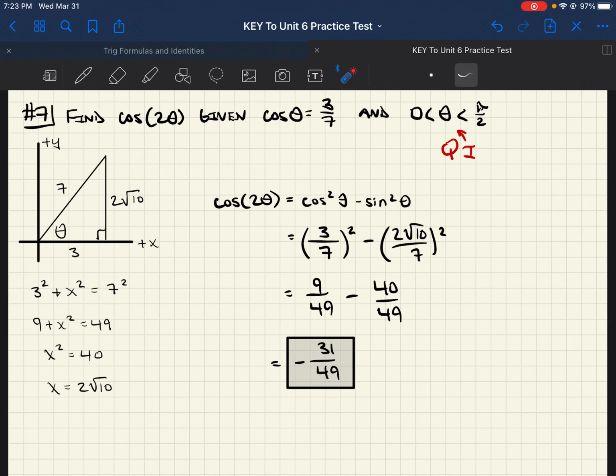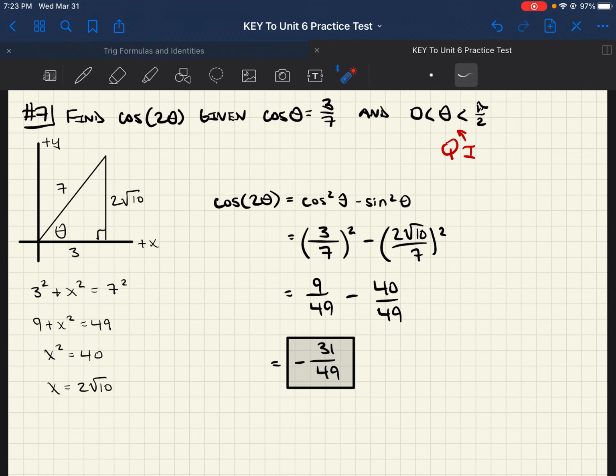So cosine of theta, adjacent over hypotenuse, is 3/7. Make sure you square it. Sine of theta, opposite over hypotenuse, is 2 root 10 over 7. Again, make sure you square it. 3/7 squared, remember that when you're squaring a fraction, you square the numerator and the denominator, so that's 9/49.